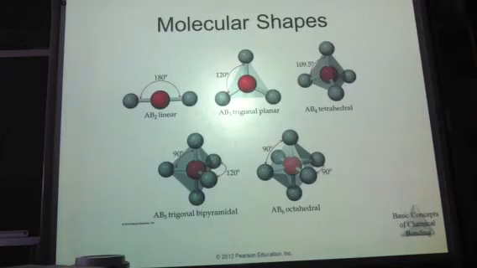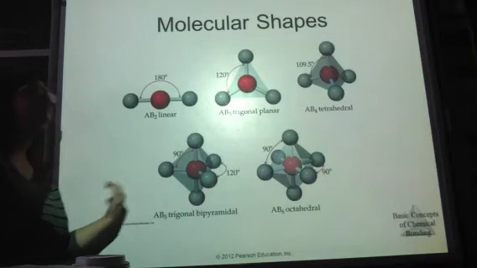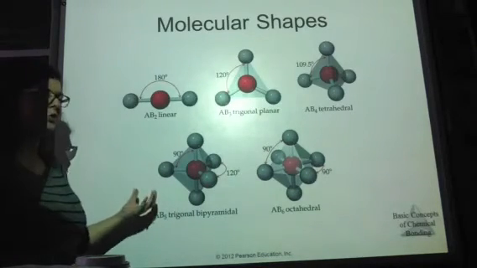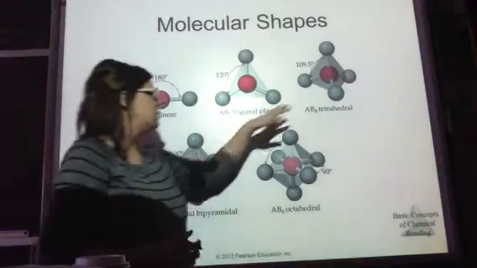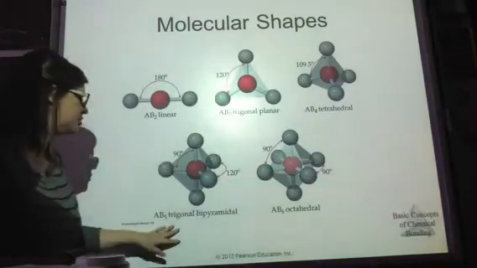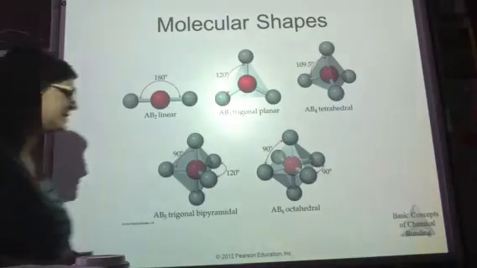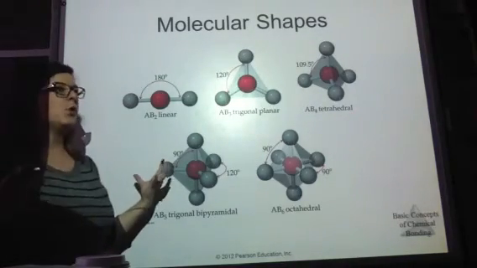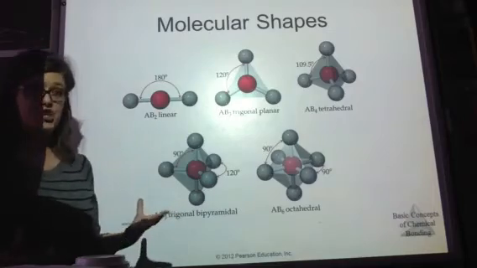So we can also now think about molecular shapes in terms of these electron domain geometries. We have these big overarching groups: linear, trigonal planar, tetrahedral, trigonal bipyramidal, and octahedral. Those are the big overarching groups for the electron domain geometries.